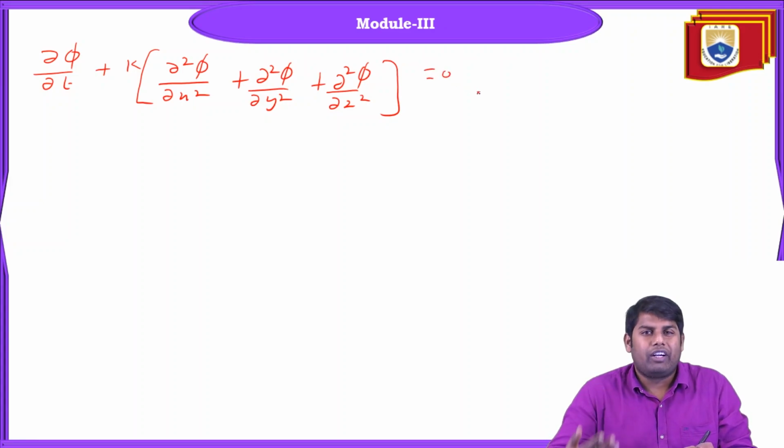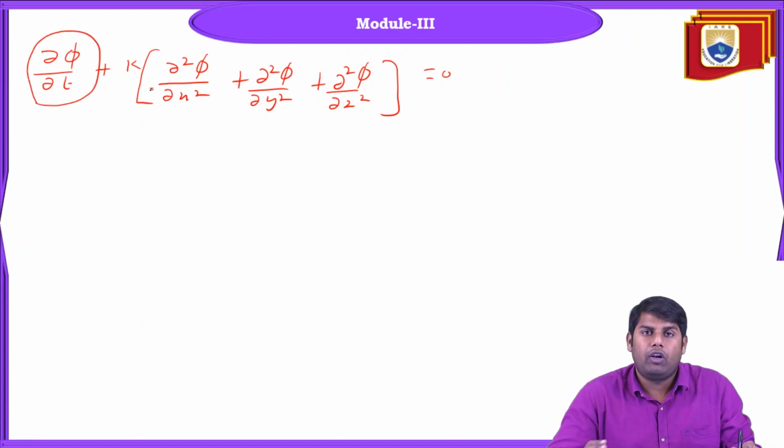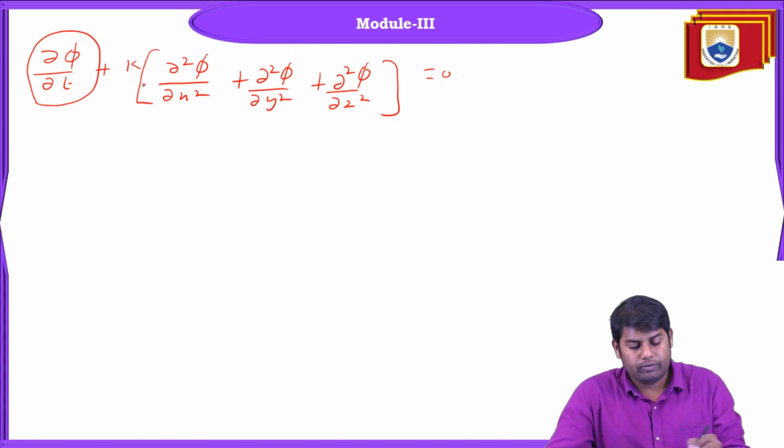Whether it is 1D, 2D, 3D, explicit or implicit, the first term dou phi by dou t will not change. Let us write here itself.